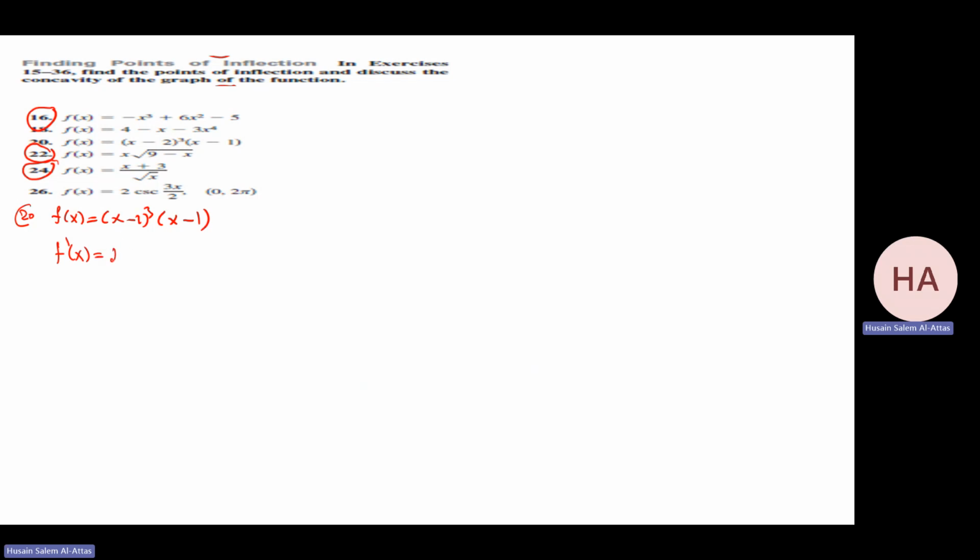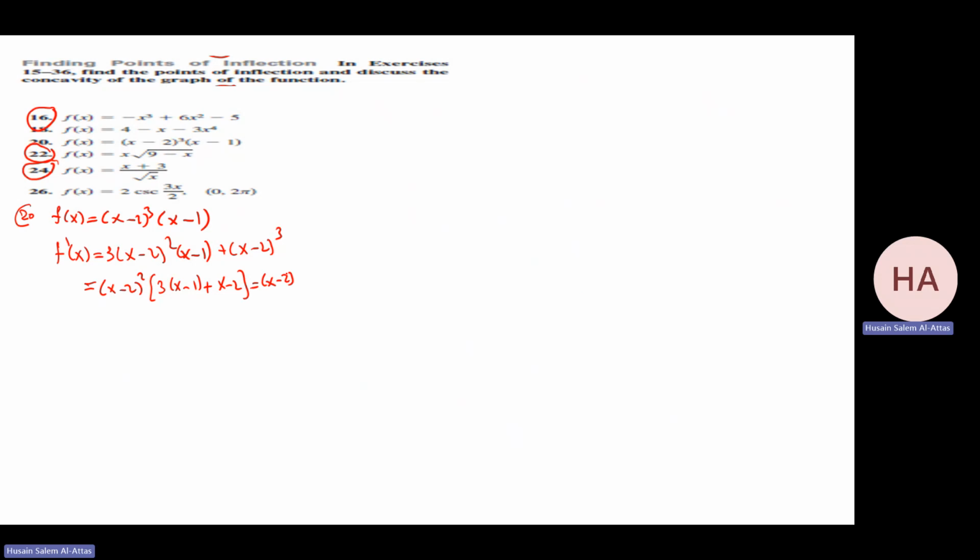Product rule. X minus 2 squared times x minus 1 plus x minus 2 cubed. And that gives me x minus 2 squared times 3x minus 1 plus x minus 2, which is what?